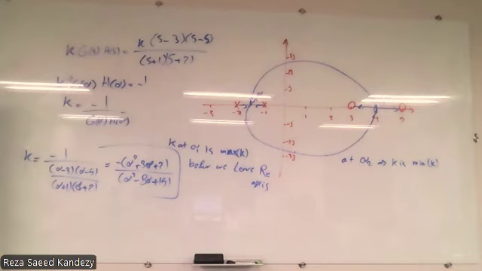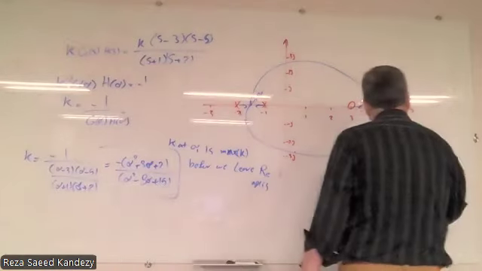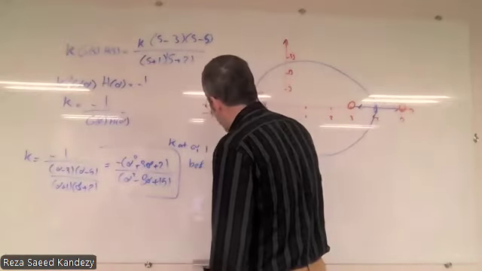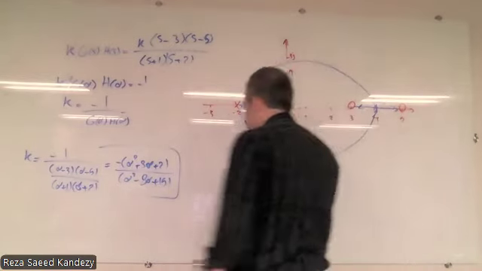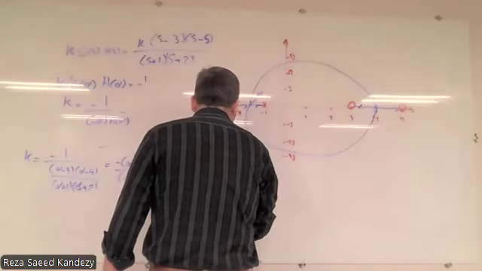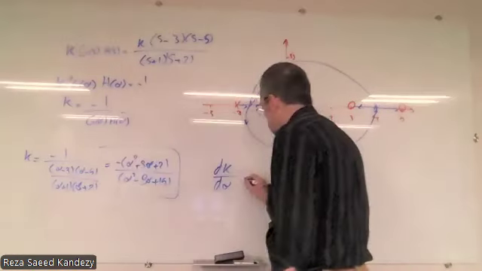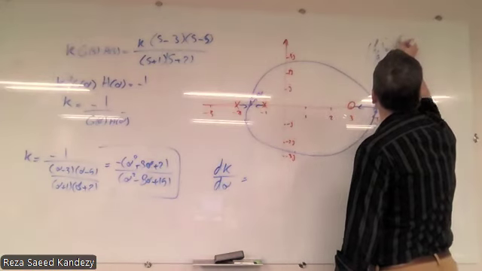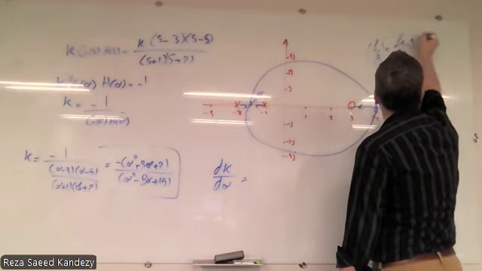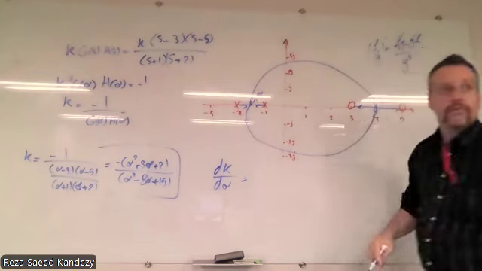We said the max and min values occur when the differential of this function is equal to 0. So what we need to do is calculate the differential of this function with respect to that delta. The differential of K with respect to delta is kind of like the differential of f over g, which is (f prime g minus g prime f) over g squared.